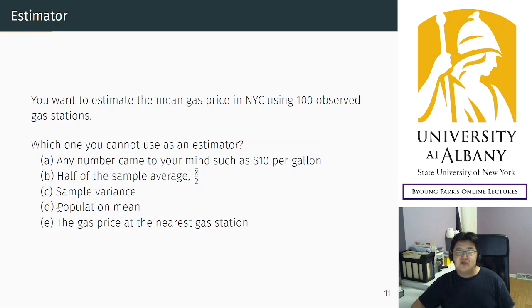D: the population mean. E: the gas price at the nearest gas station, or the first gas station you called. So there are five objects, most of which are absurd, but one cannot be an estimator at all. What do you think?